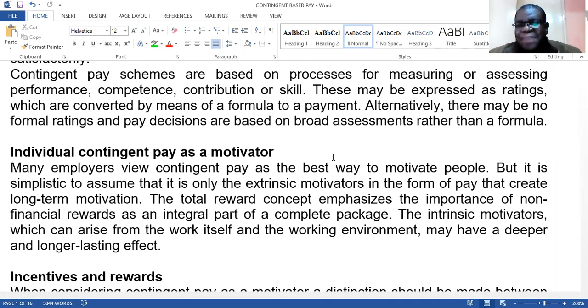So contingent-based pay is an aspect of reward, critical to how you will reward your employees, but more important, you have to evaluate and determine variables: performance, competence, skills, length of service, contribution, and use them as the basis for determining these variable rewards that employees will get as part of their total package.